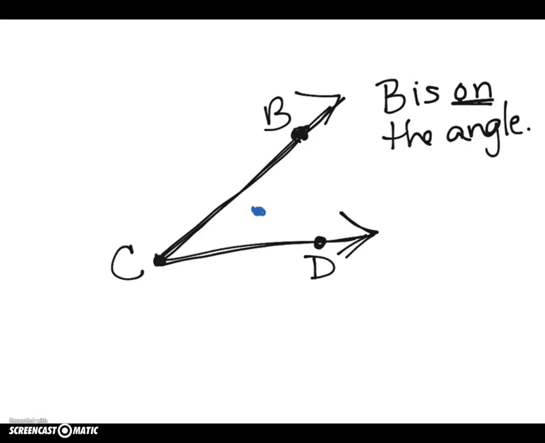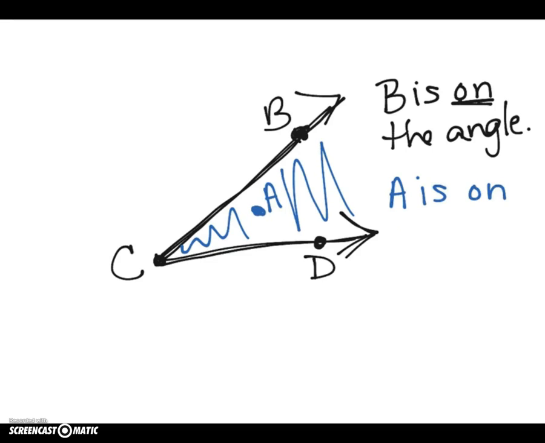If I put a point in here, we'll call this point A. It is on the inside, or the interior, of the angle. So point A is in the interior of the angle.